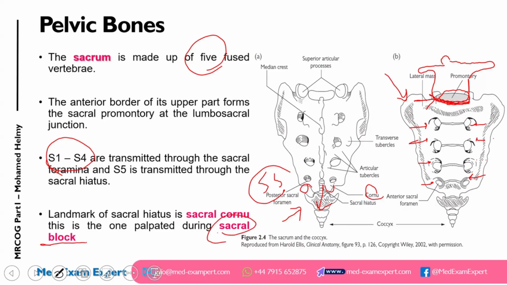What is sacral block? It's one of the local anesthetic techniques by injecting anesthetics at the S5 nerve to block the innervation of this part. Okay, this is by palpating these two bony projections on each side of the sacral hiatus and then injecting the anesthetics at this part.